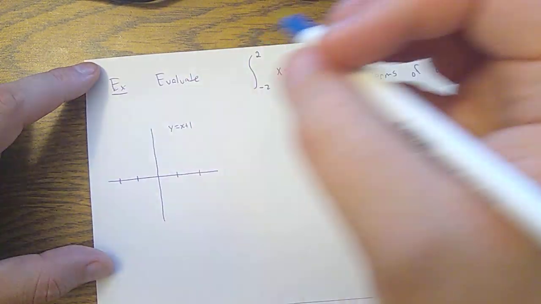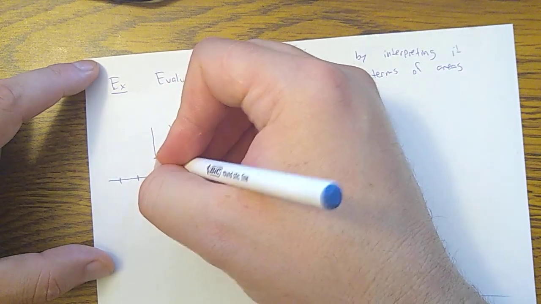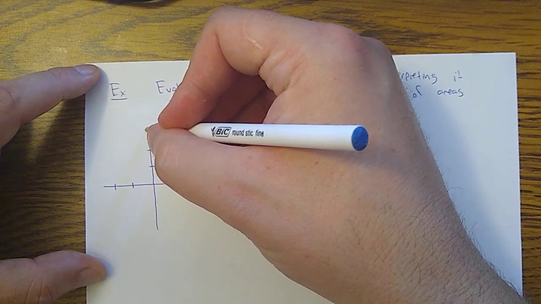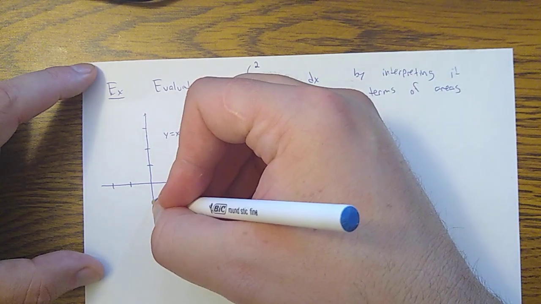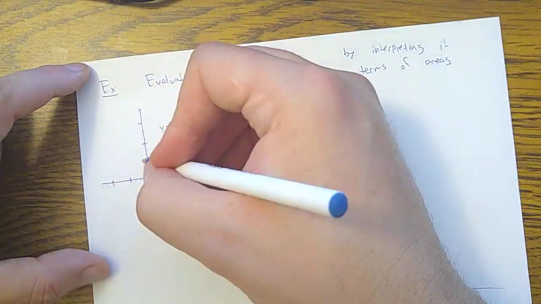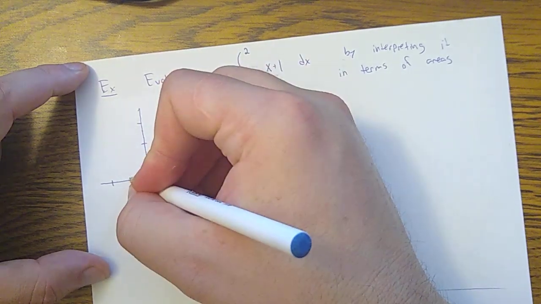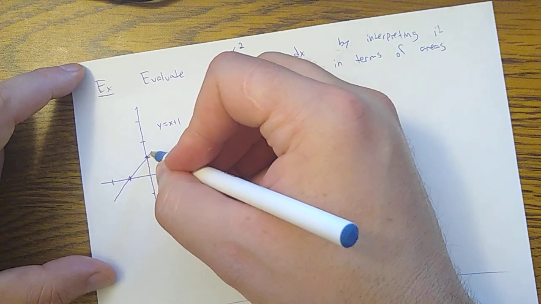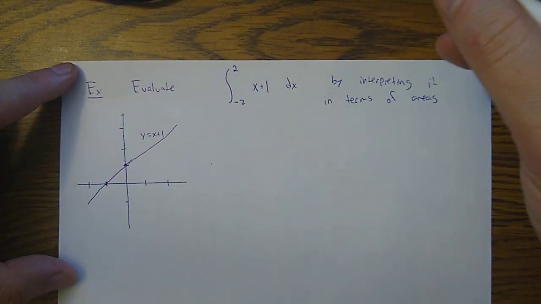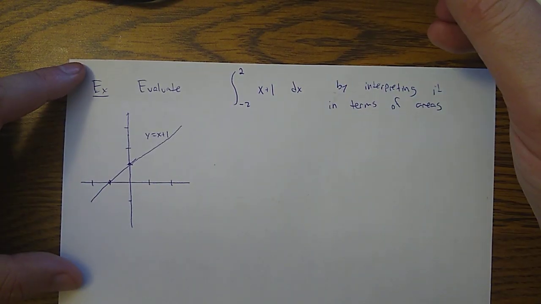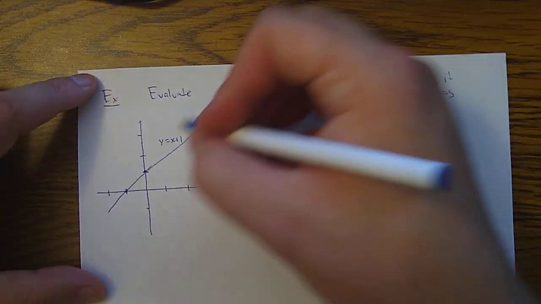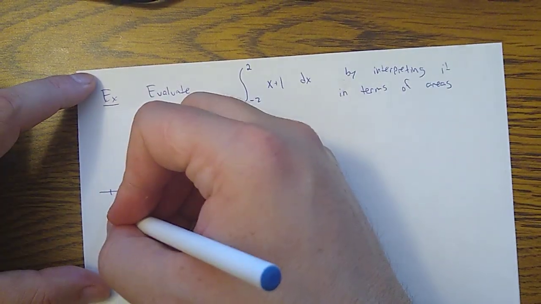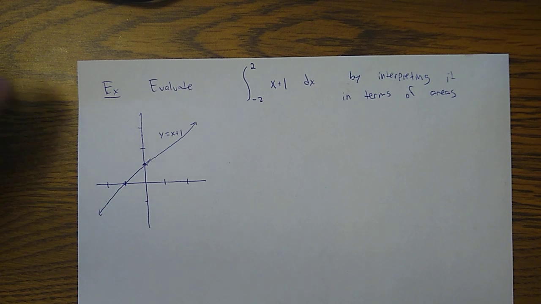Of course, this is just a line, so hopefully I have enough room here. So this would have a slope of 1 and a y-intercept of 1, so it looks like this basically. Right? Yeah, obviously I didn't draw the best picture, but it'll be okay.